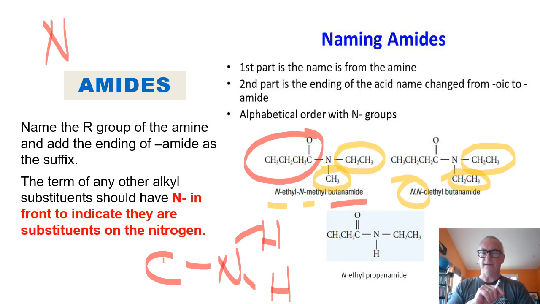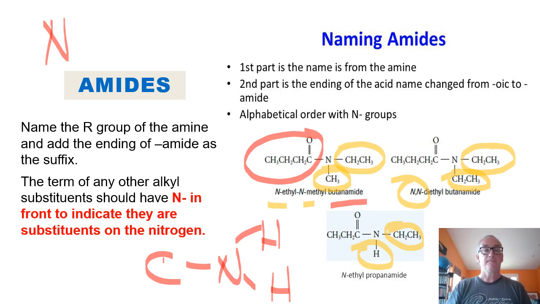So I would call that N,N-diethyl. And in the instance where we only have a single substituent, then we just call it N-ethyl. We don't have to mention the nitrogens there. That's assumed, because if there isn't a carbon here, then it has to be nitrogen. So we don't mention it, sort of like a skeletal form. We know we got an ethyl group on. If the only other group is hydrogen, we just assume it's hydrogen and we don't name it.